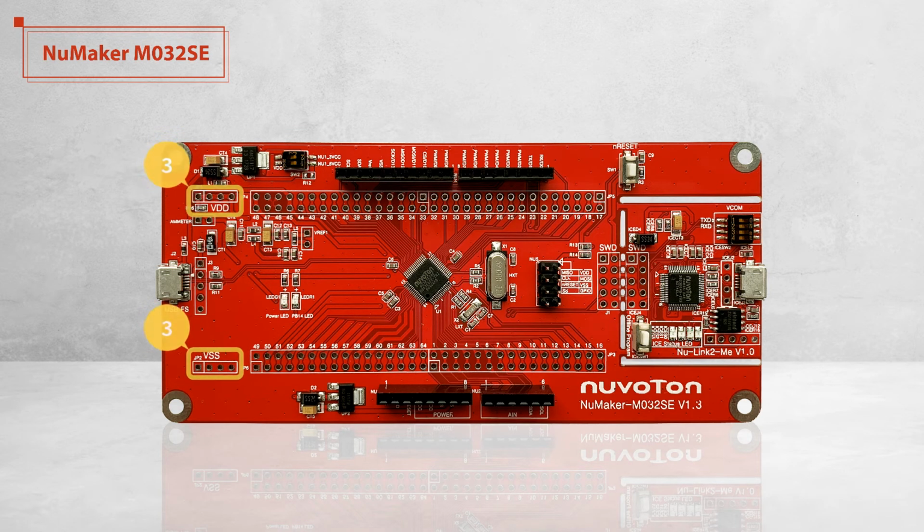The third way of power supply is the VDD and the VSS pin of the board. The input power from the VDD of the board will be sent to the VDD pin of the IC. The fourth one is the USB connector of the NuLink2Me, which is also the most commonly used one in the development stage.